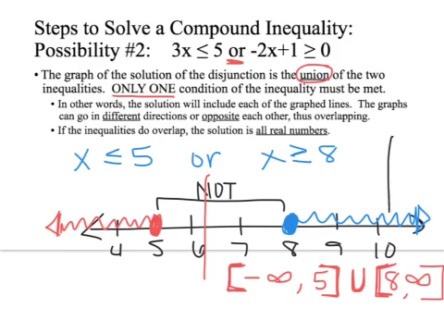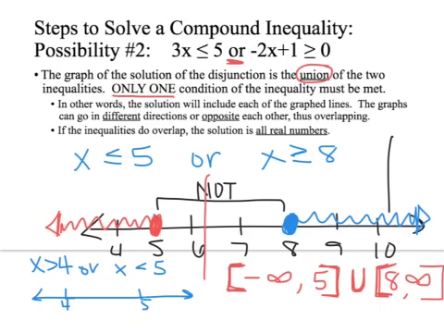All right. So if I end up with something, for example, like x is greater than 4 or x is less than 5, when I graph this on a number line, I'll have 4 and 5.